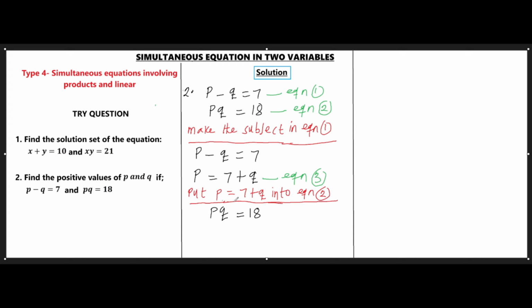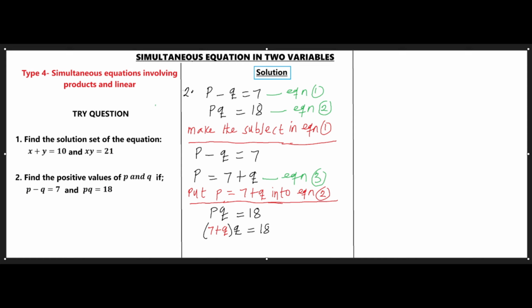Anywhere we see p, we substitute the expression 7 plus q. So this expression multiplying q gives us 18.